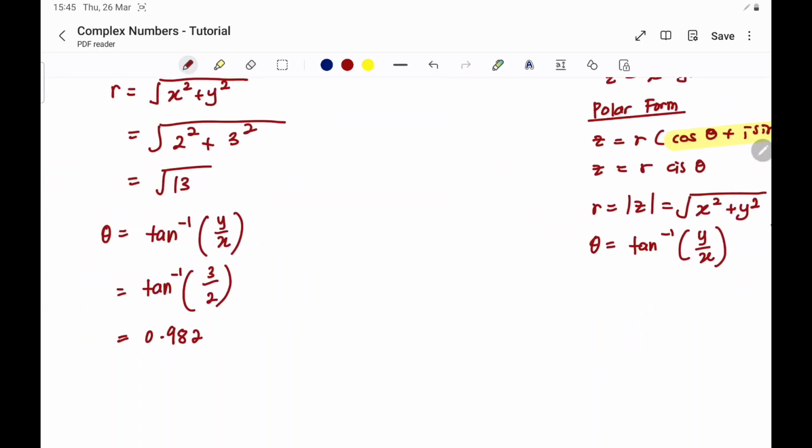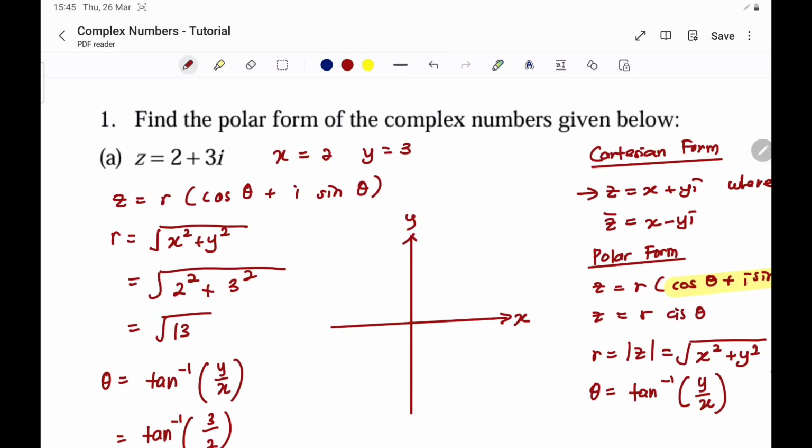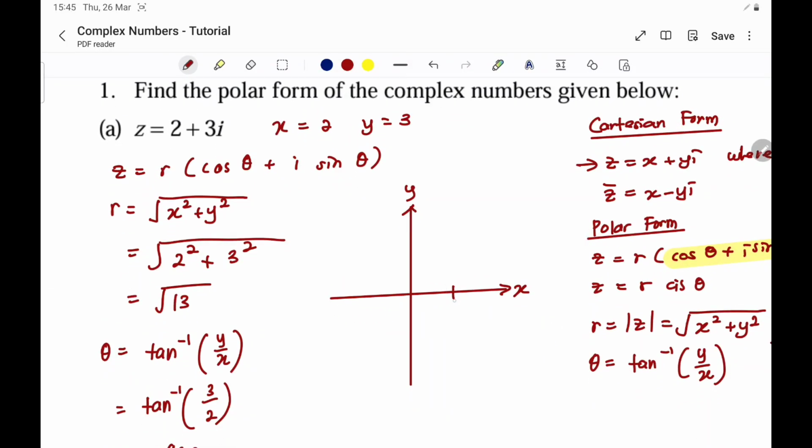Just now we talked about positive and negative, right? If you use your calculator, you will get 0.982, a positive value. We already have our x and y. Imagine x is 2, y is 3. You imagine that x and y is a coordinate, and it will be located at this point.